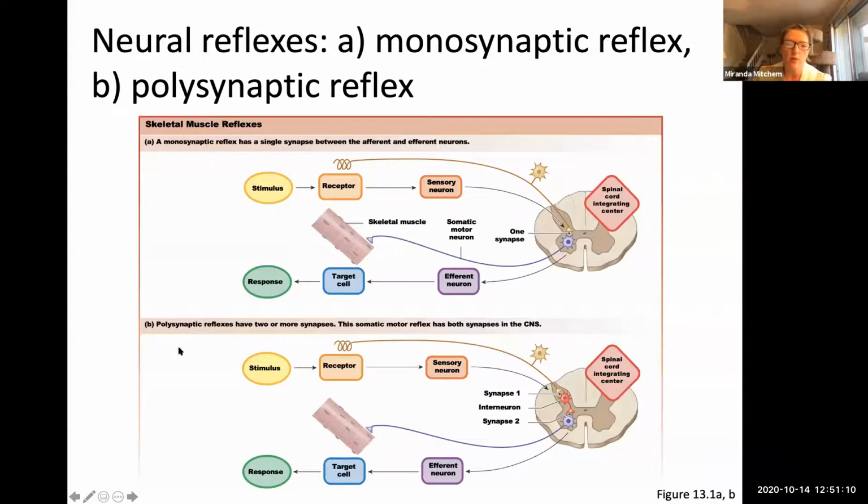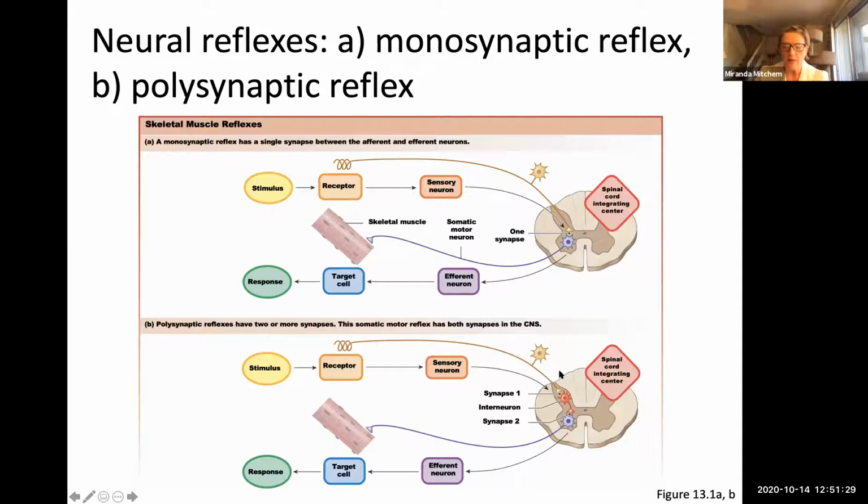In this example, we're looking at a polysynaptic response. So we've got two different synapses happening. And the pathway begins with a stimulus that is picked up by the receptor, goes in through the sensory neuron into the spinal cord. So that part is the same.